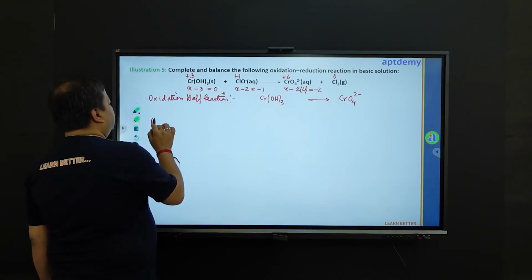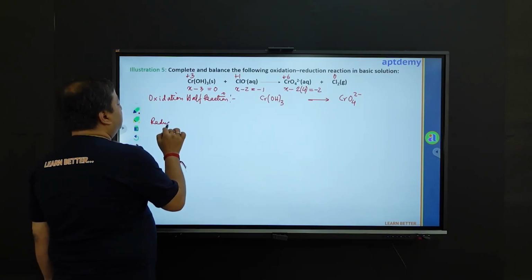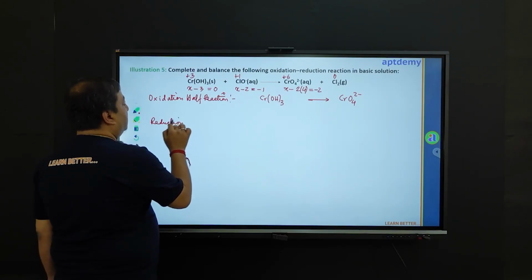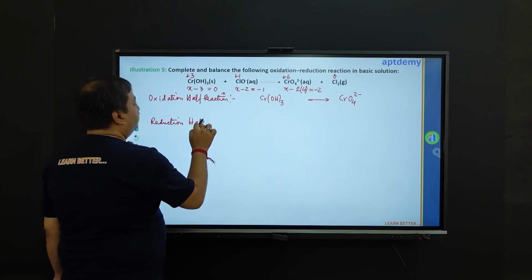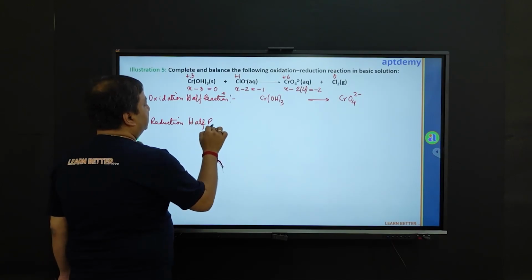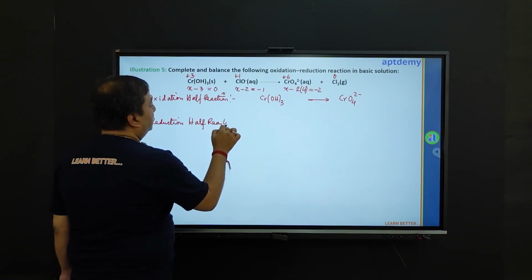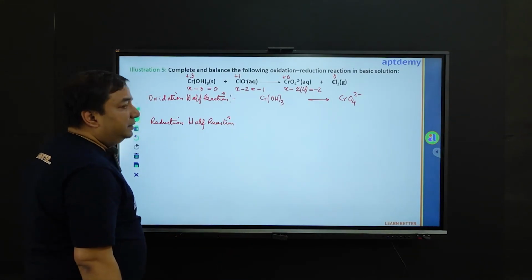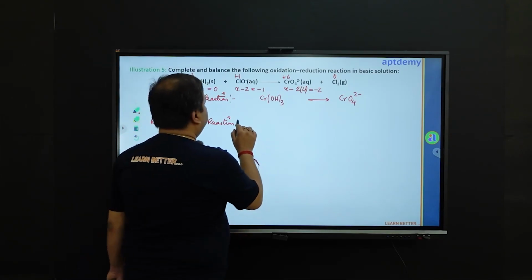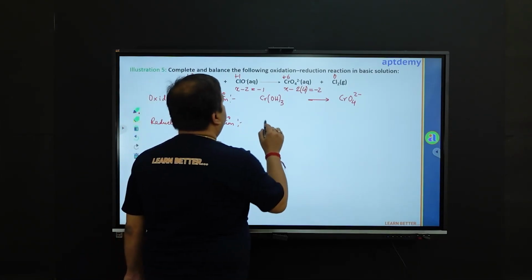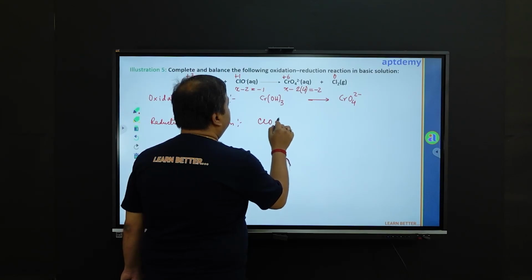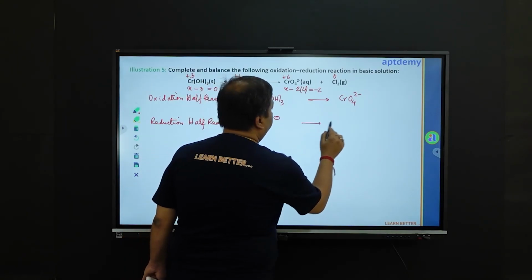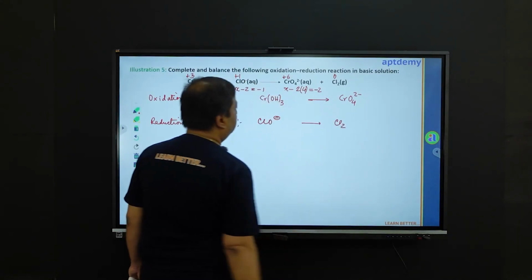Now let's go for the reduction half reaction. So over here we will write ClO minus going to Cl2 plus.